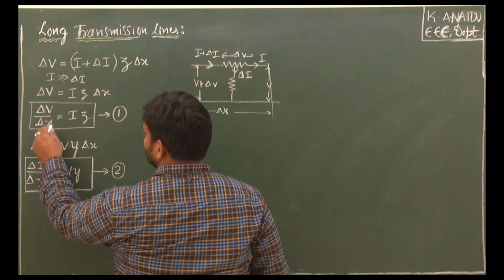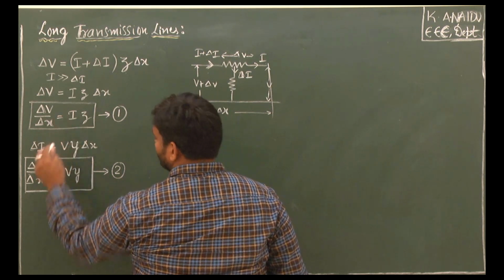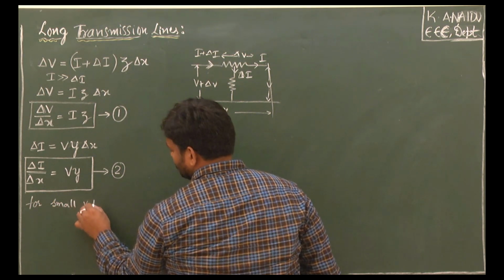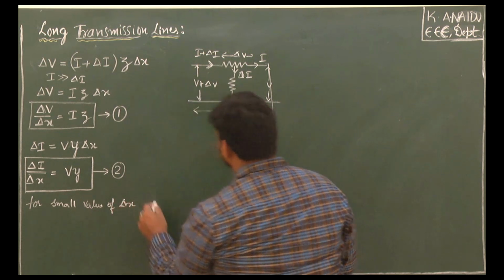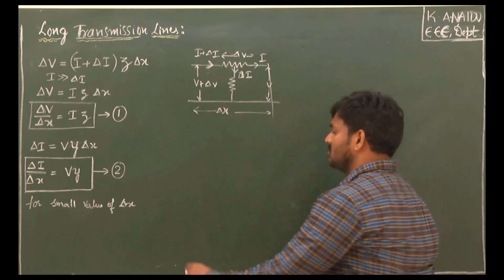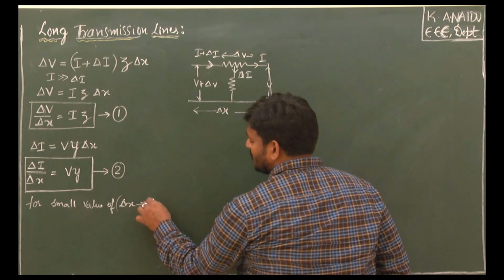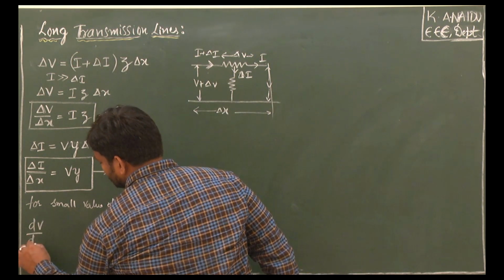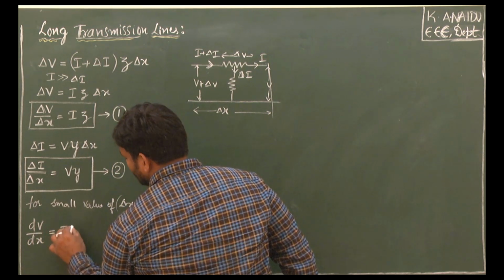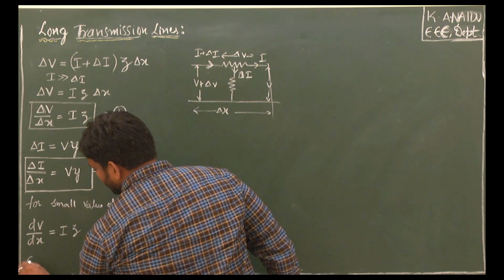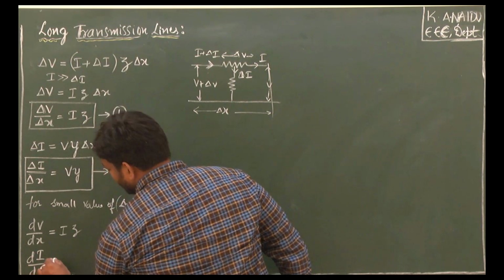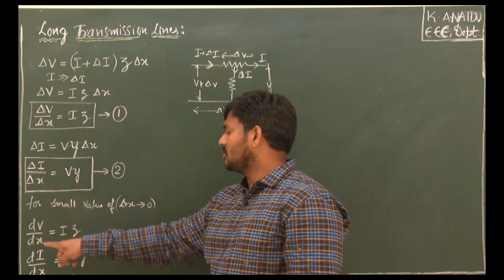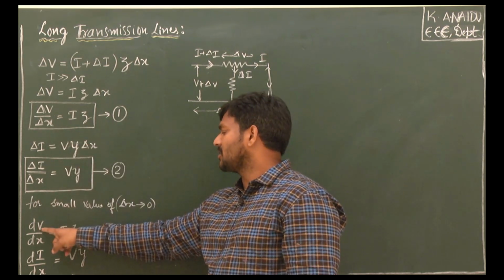So now, for a small value of delta x, that is, we are taking delta x is very small, delta x will tend to 0, and equation 1 and equation 2 can be rewritten as dV by dx is equal to I into Z, and dI by dx can be written as V into Y. Because delta x is very small, you can write delta I by delta x is equal to dI by dx, and delta V by delta x can be written as dV by dx.